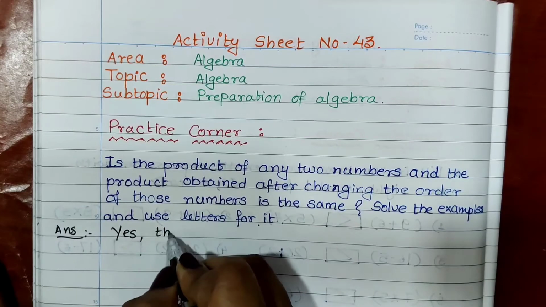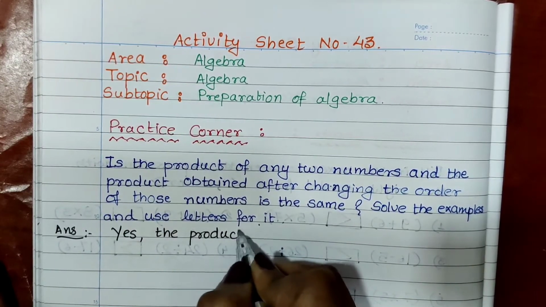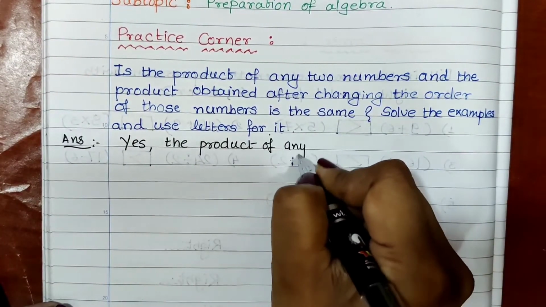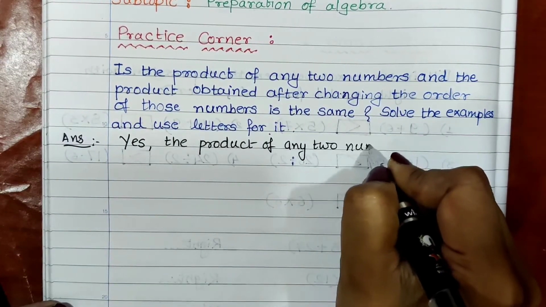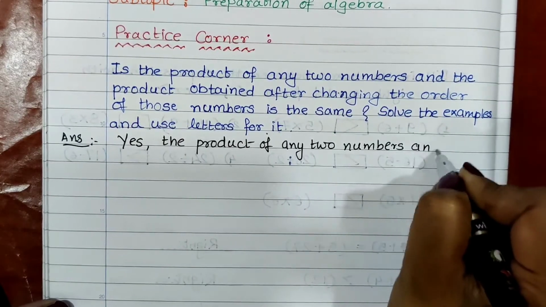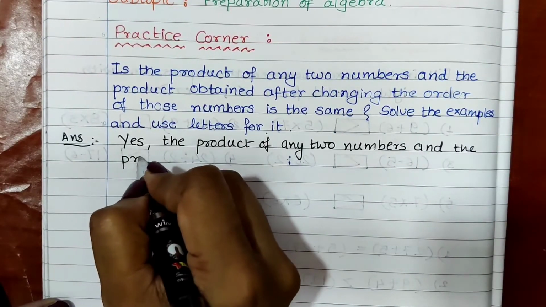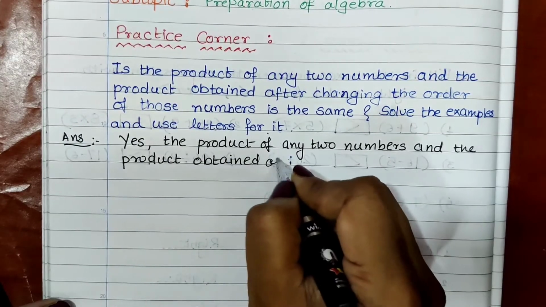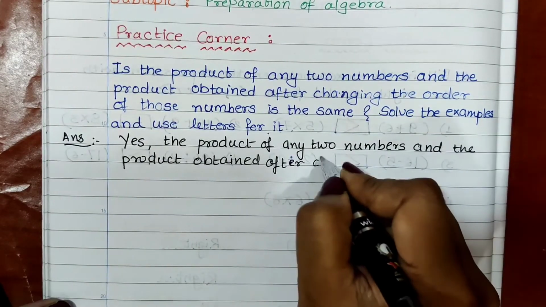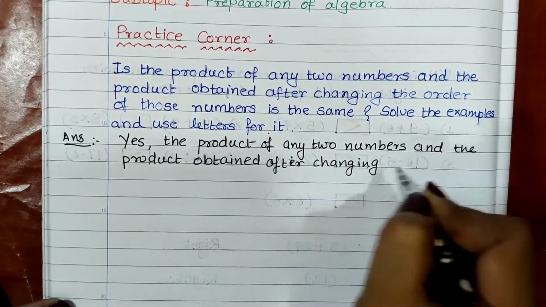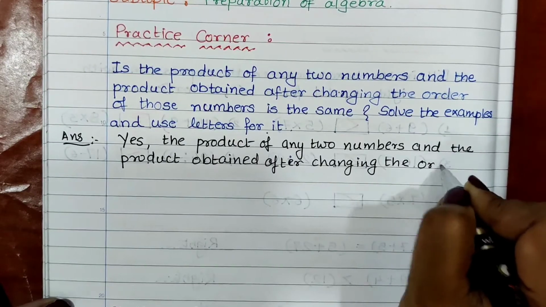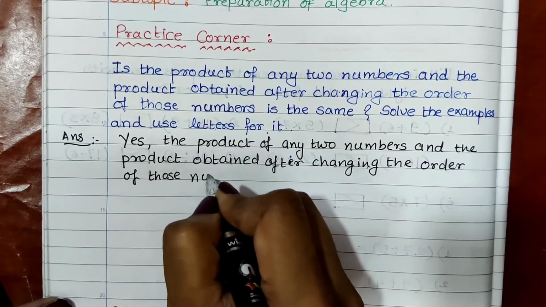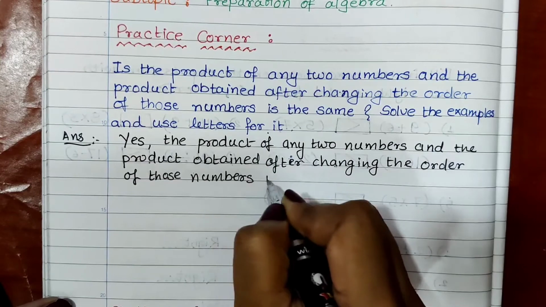The product of any two numbers and the product obtained after changing the order of those numbers is same.